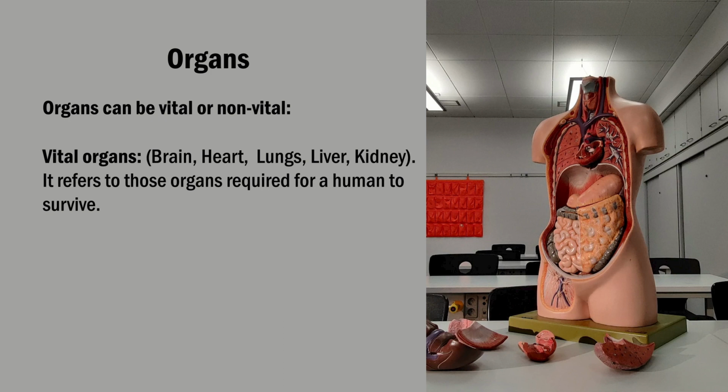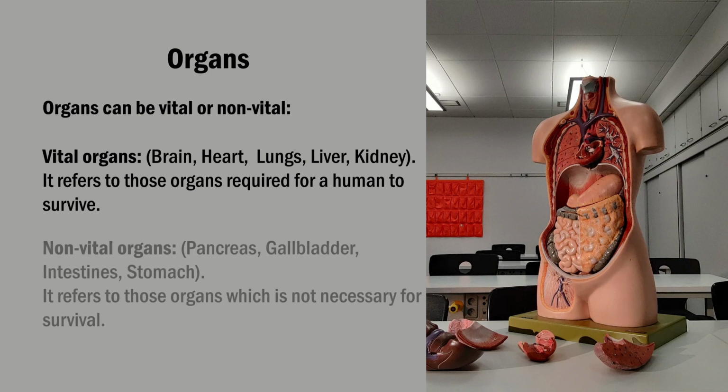Brain, heart, lungs, liver and kidney come under the vital organs, whereas non-vital organs refer to those organs which are not necessary for survival. Examples of non-vital organs are pancreas, gallbladder, intestines and stomach.